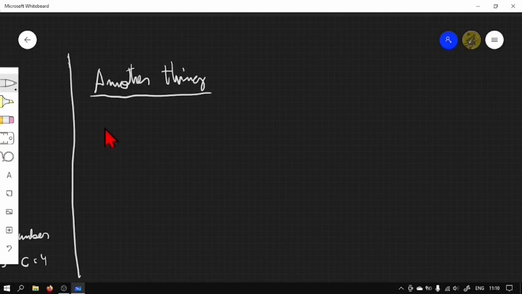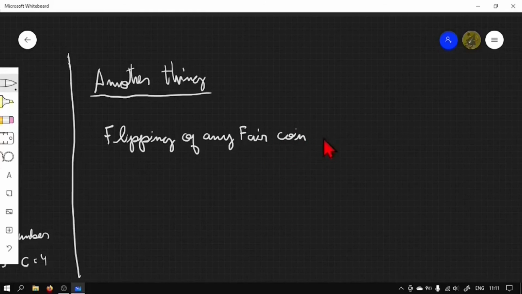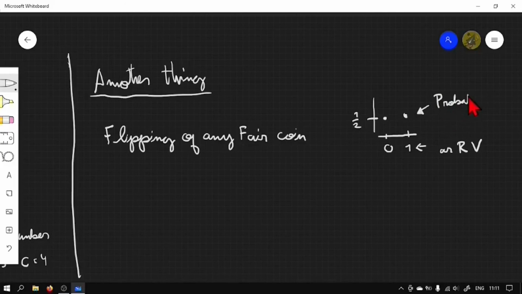And to study it, we only see a random variable with its probability distribution. So flipping of coins, any fair coin is described with 0, 1 as the random variable and 1/2 as the probability function.